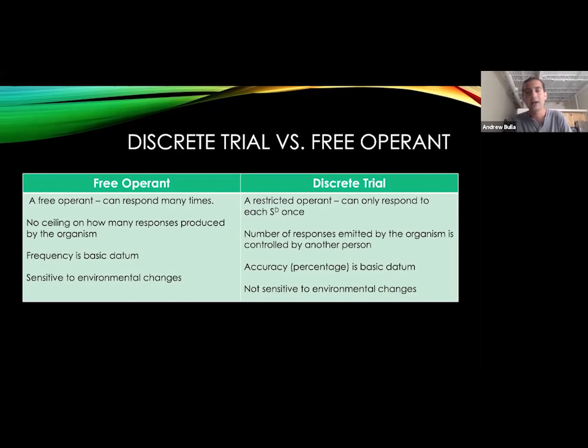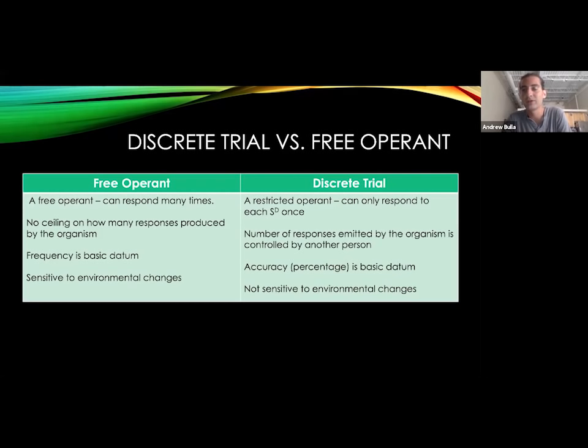And a lot of times the learners that we're helping are already behind and we don't want to hold them back. We want to lift all of that so they're able to continue to go on and catch up as quickly as they can. Now, when we compare that to discrete trial, it's really restricted. So I'm not saying that it's restricted in terms of what we can do with it, but a discrete trial is a restricted operant.